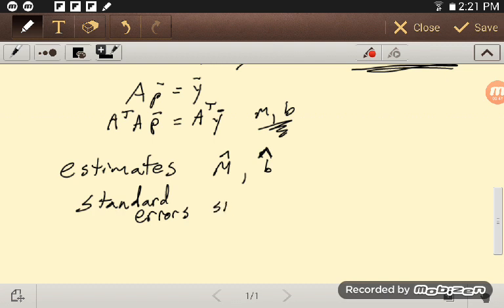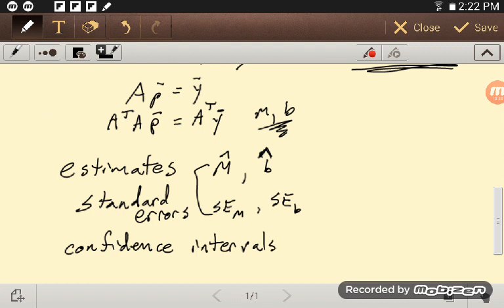So this is the standard error of m, and we get a standard error for b. We're not going to dive into this sort of stuff greatly, but what we do care about is that from these two things we can estimate some confidence intervals, and we'll look at that in another video, but confidence intervals.